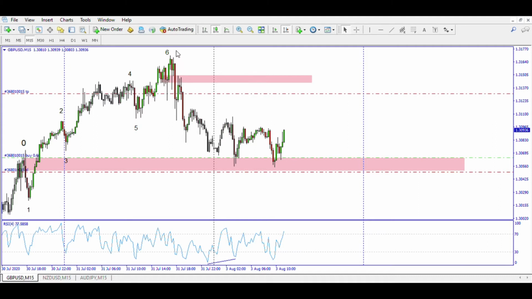So in this case, we have a probable market edge here, and we can draw the Andrews pitchfork to be able to determine if this is actually a possible market edge.